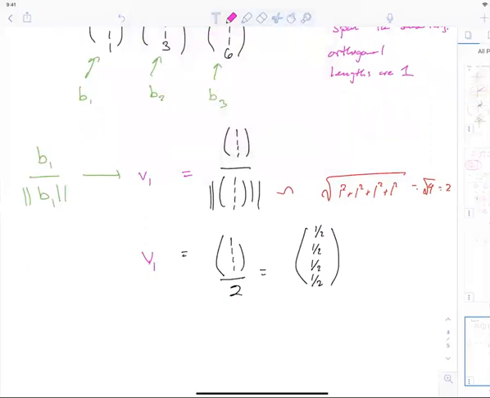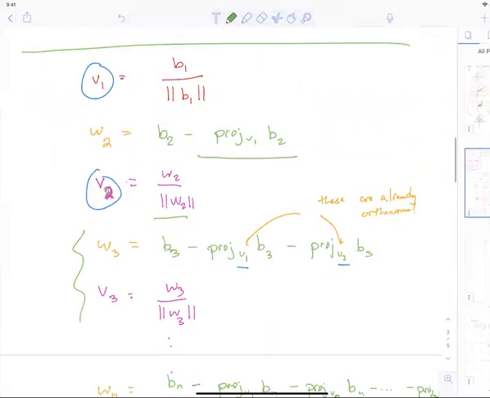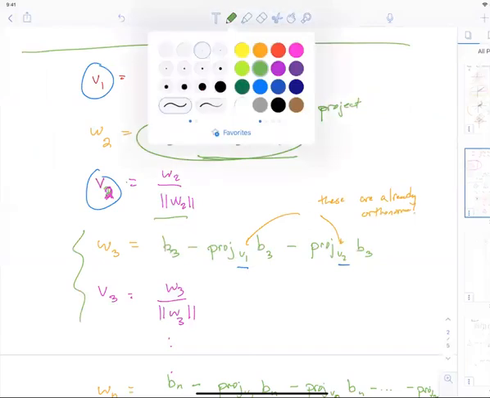Now things are going to get slightly more complicated. To find our next vector, we're going to take B2 and project away the projection of that vector on V1. This is projecting away, and then we're going to normalize it.